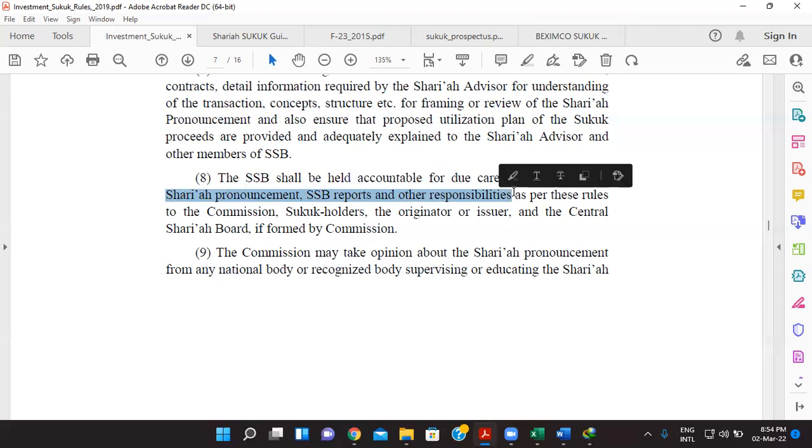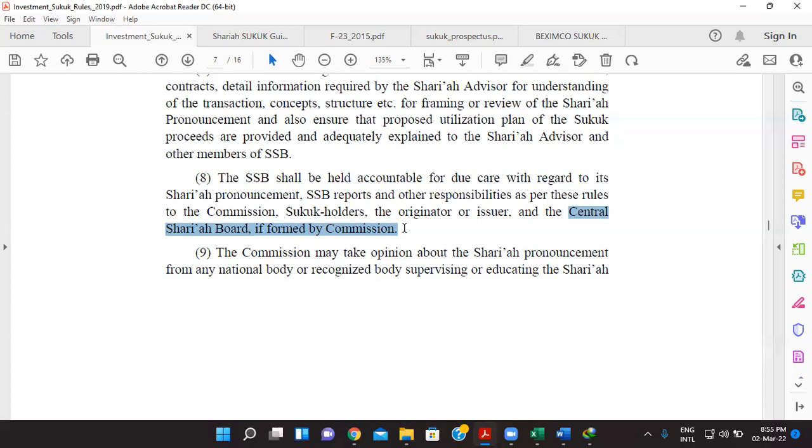Okay, and also the Central Shari'ah Board, if formed by the Commission, what does it indicate? It indicates that the Bangladesh Securities and Exchange Commission does not have any Central Shari'ah Board to this date.